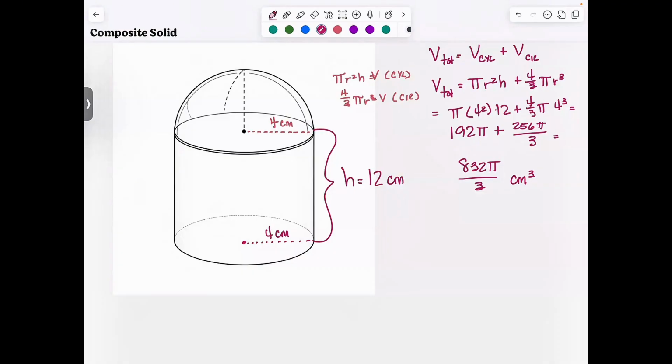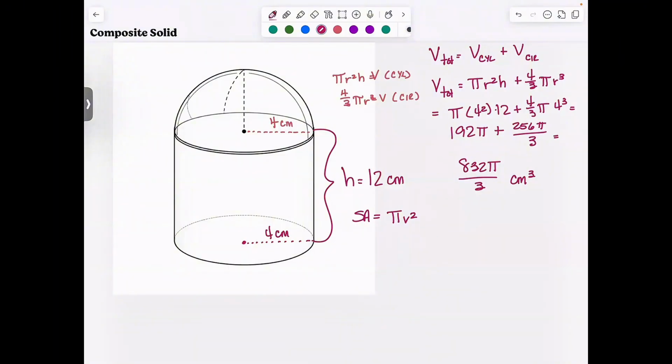If we're to tackle surface area as well, that might get a little bit more tricky. We'll do that just for fun. Surface area of a cylinder, we just have to watch that we don't count that top circle twice. So I would say it would just be pi r squared, instead of 2 pi r squared like the formula calls for.